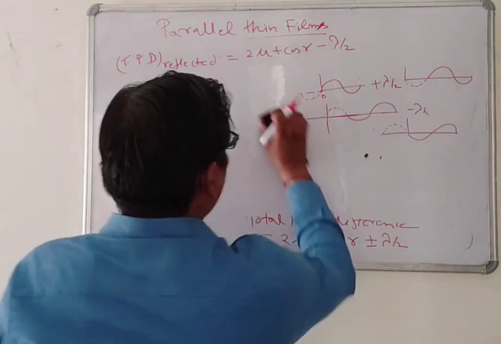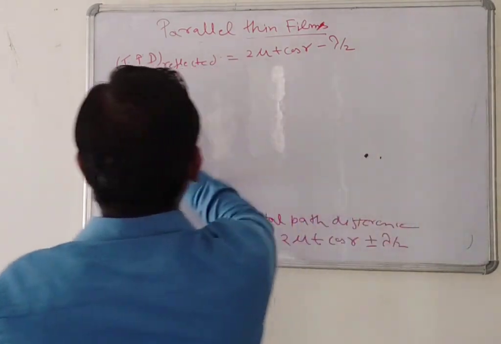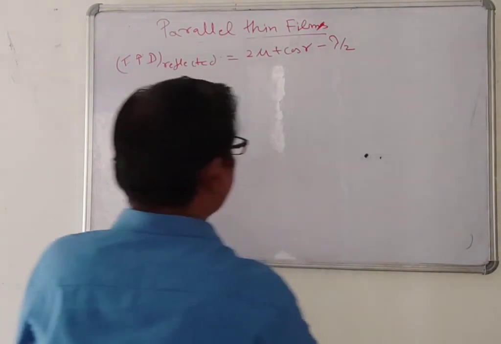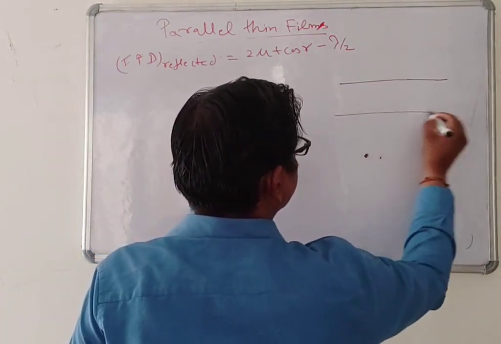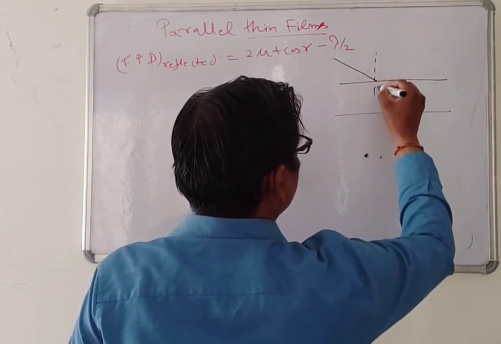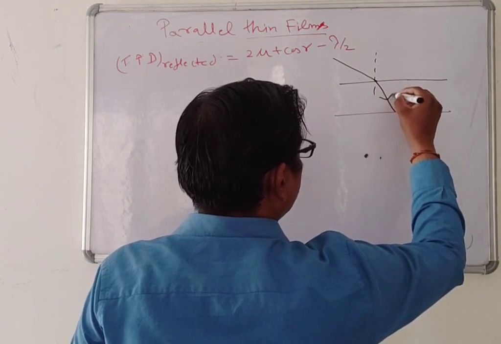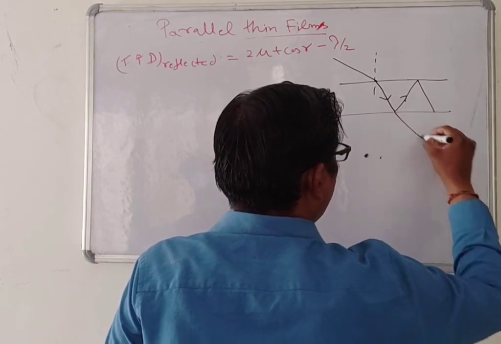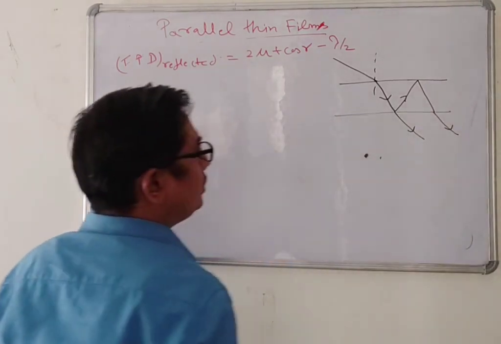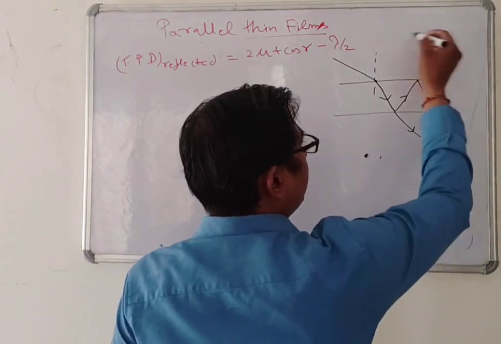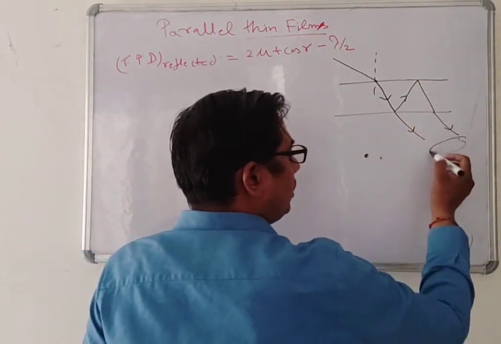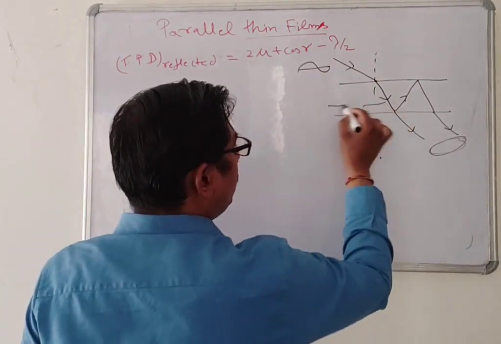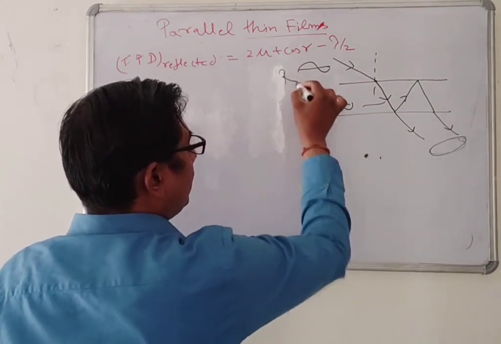Now this is the total path difference in case of the reflected light. But in the case of the transmitted light, what will happen? Light is coming like that, then reflected and comes back here. In case of the transmitted light, you will see that the incident ray is like that, and here also like that, because the surrounding medium is a rare medium.